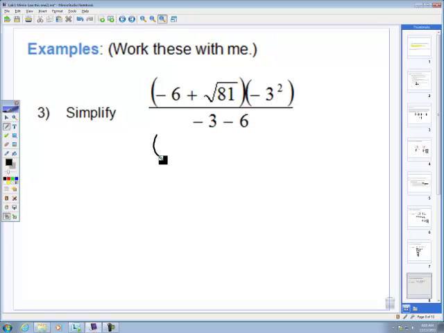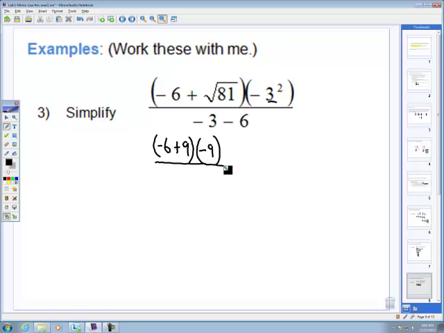So let's take care of our root first inside the grouping symbol. That would give us negative 6 plus the square root of 81, which is 9, and negative 3 squared. Remember, in this case, 3 is our base. 3 squared is 9, so that negative is still out in front, and that would give us negative 9.